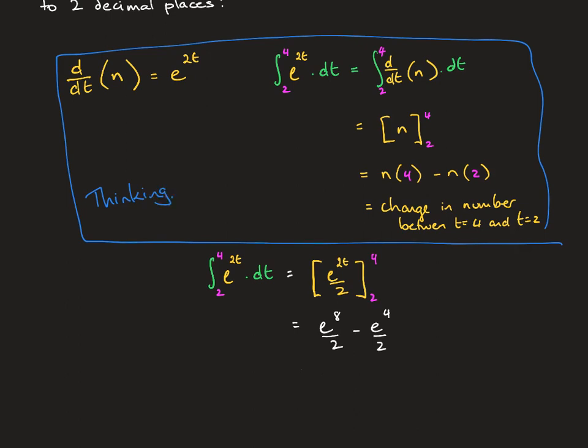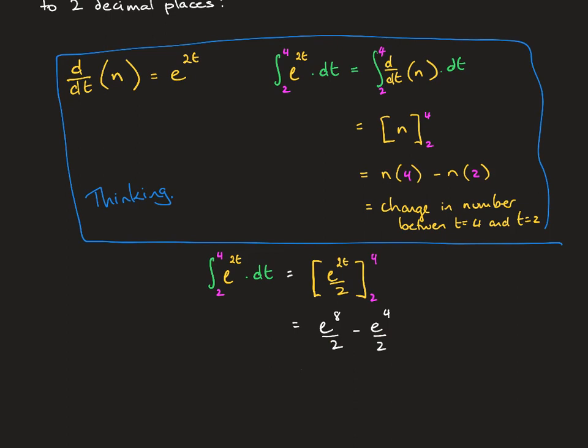What we actually do is just integrate that derivative between 2 and 4, knowing that it's going to give us the particular answer we're looking for, which is the change between the second hour and the fourth hour. And the answers were asked as exact values, which is what you've got here.